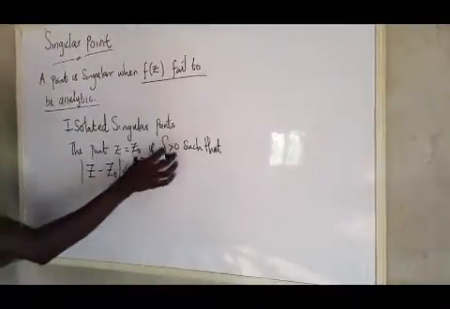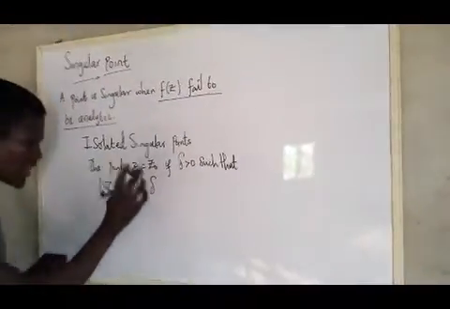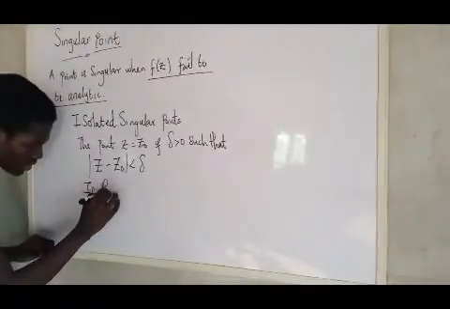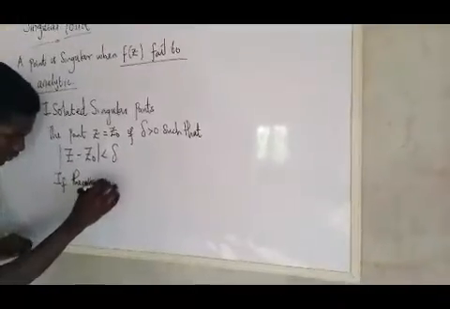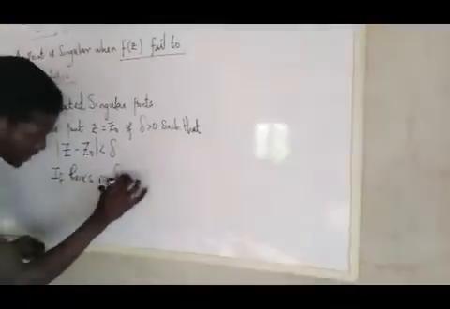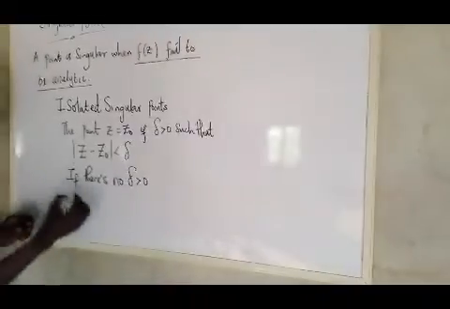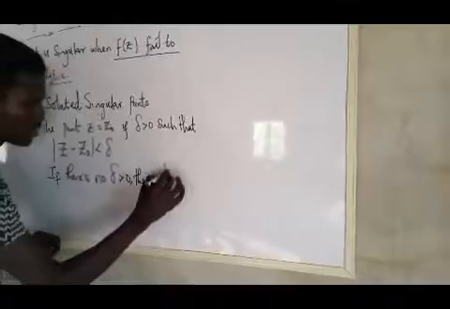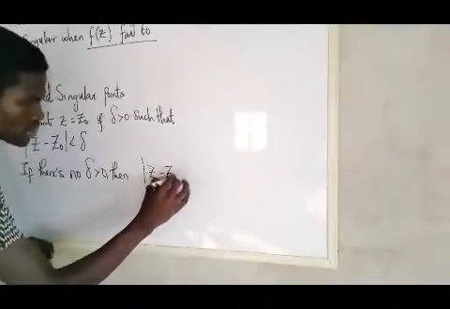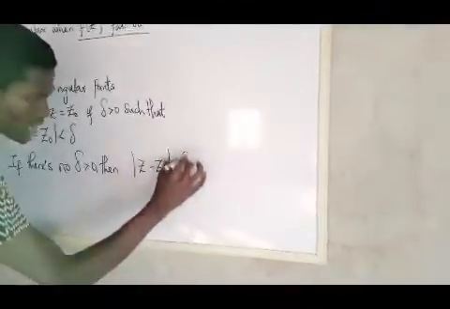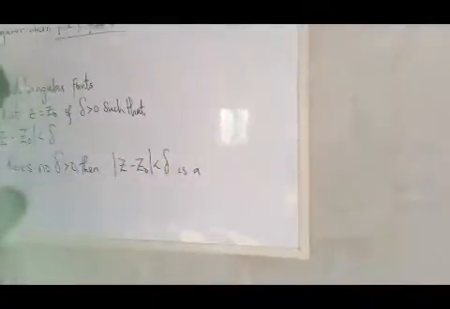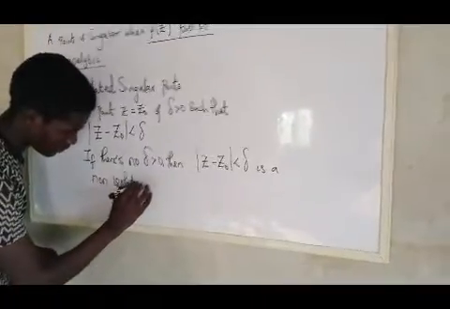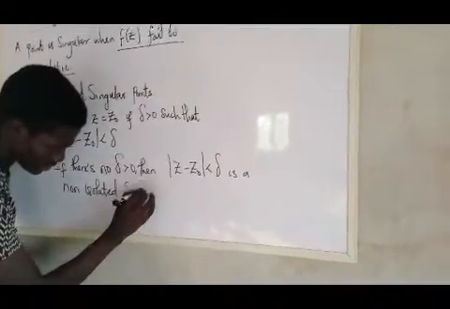Now, if we can't find delta, if there is no delta greater than 0, then z minus z naught less than delta is a non-isolated singularity.